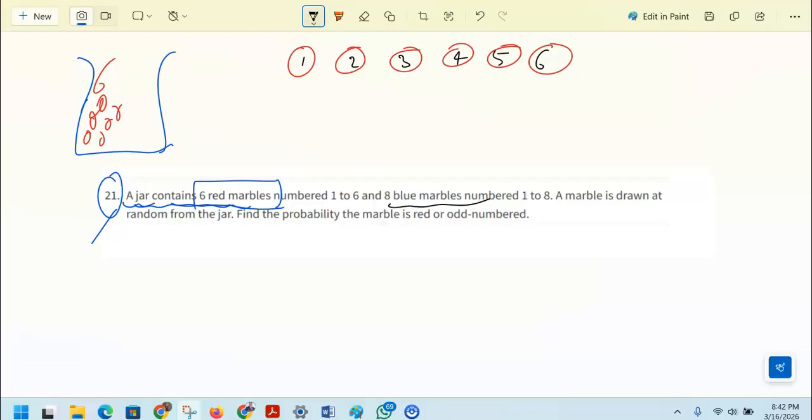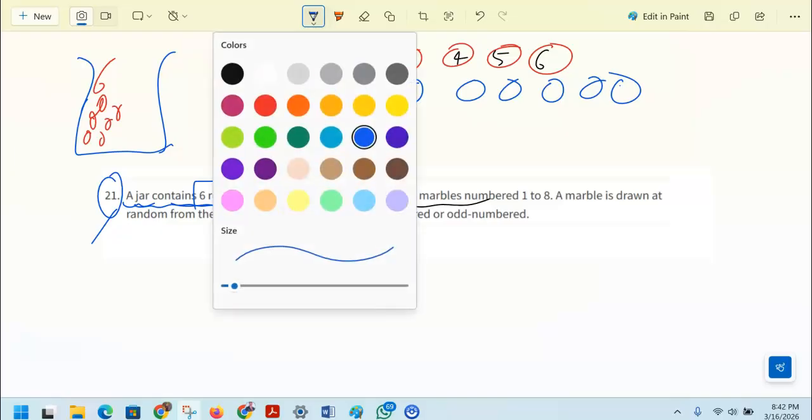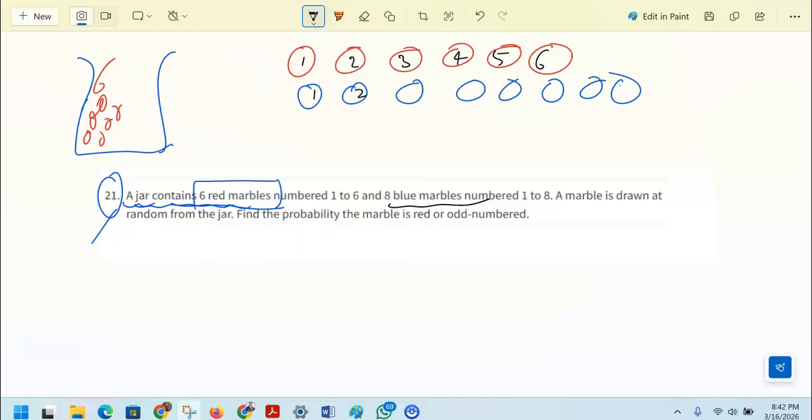And there are 8 blue marbles, 1, 2, 3, 4, 5, 6, 7, 8.